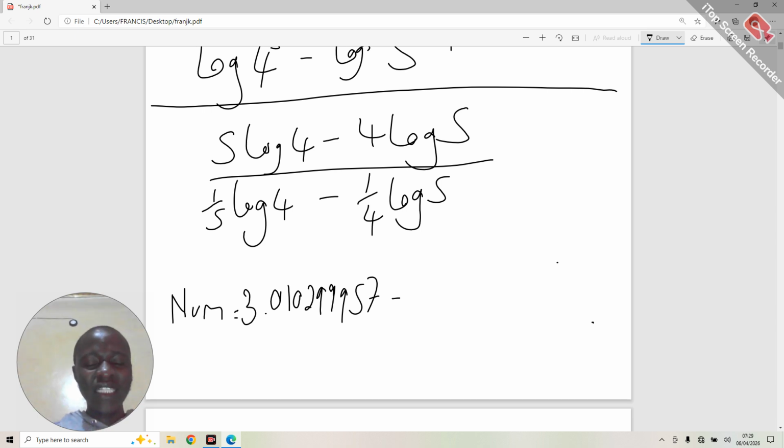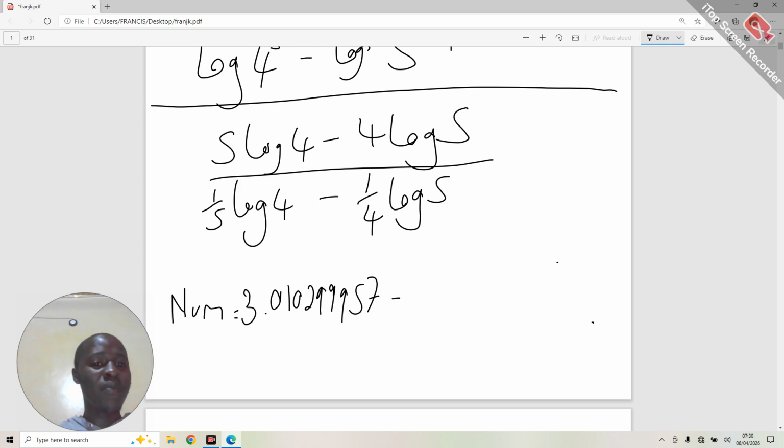If you round off at this juncture, your answer will be reducing. Every time you round off or round up, the more you round off, your answer will be decreasing. And at the end, you will realize you have a different answer from the examiner, though the procedure is right.